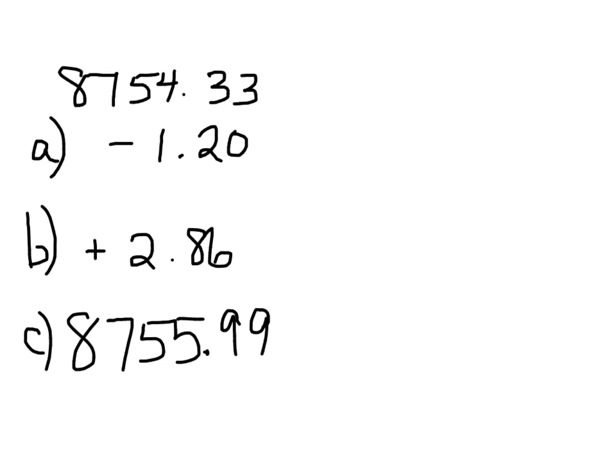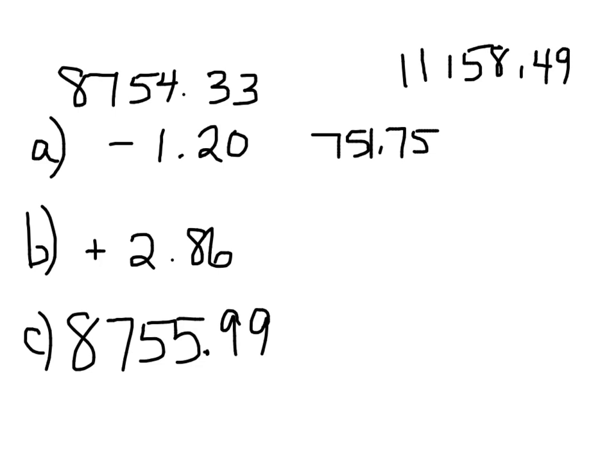Now, looking at the other side of the reconciliation statement, it says that my statement balance was $11,158.49. Then it gives me a check of $751.75, and then a check of $2,455.89. And it says for part D, what's the total of outstanding checks, deposits, debits, or payments?